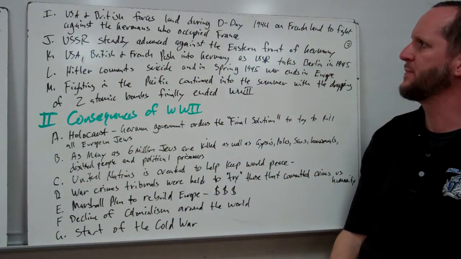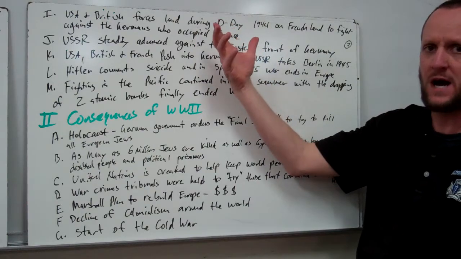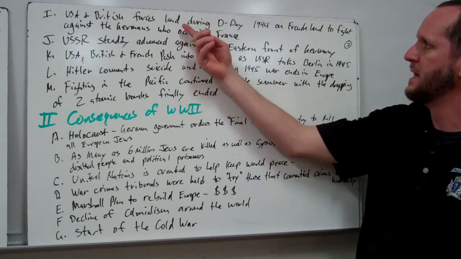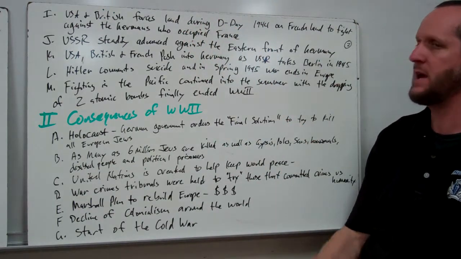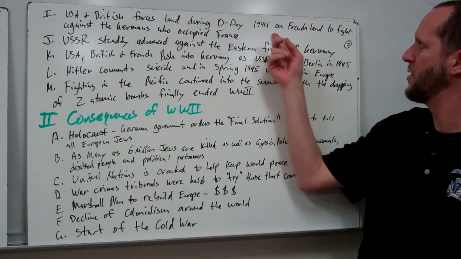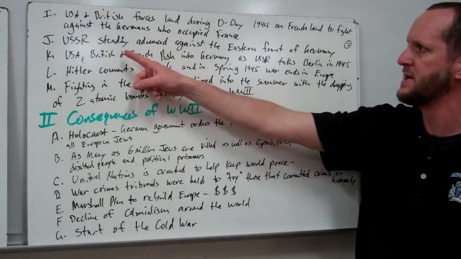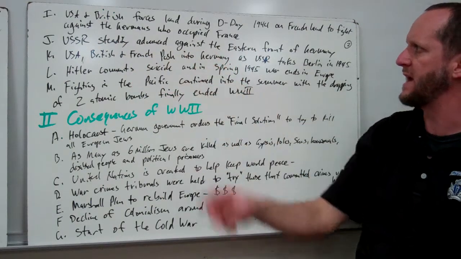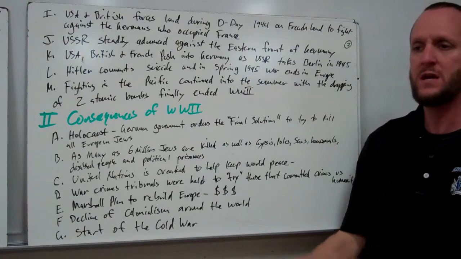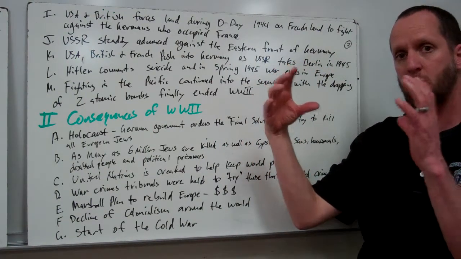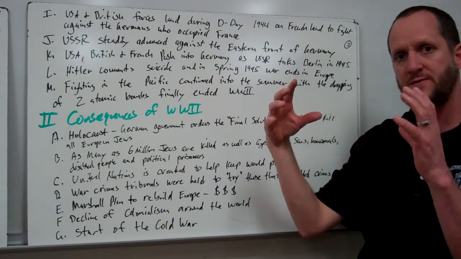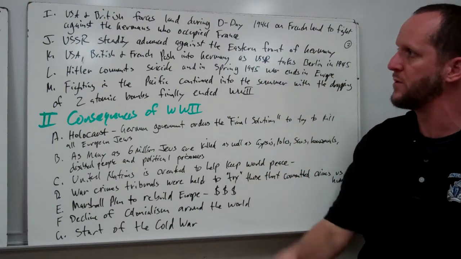The United States and the British forces combine after we entered into the war, and land during D-Day in June of 1944 on the French land to fight against Germans who occupied France. The USSR steadily advanced against the eastern front of Germany. So remember, just like in World War I, where Germany has to fight two fronts, one to the east, one to the west, same thing in World War II.